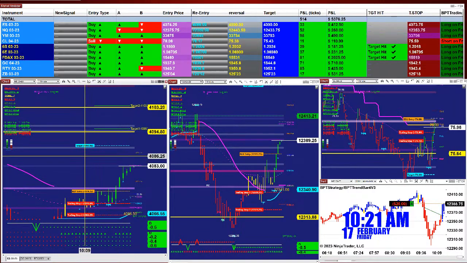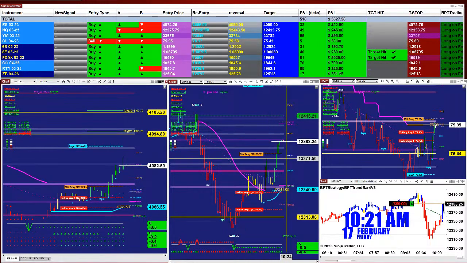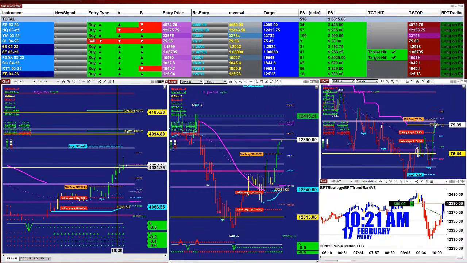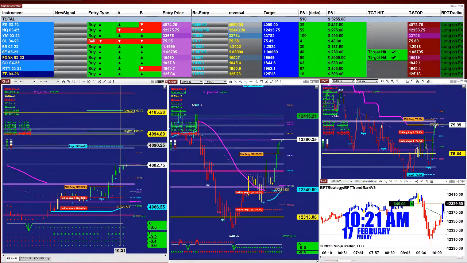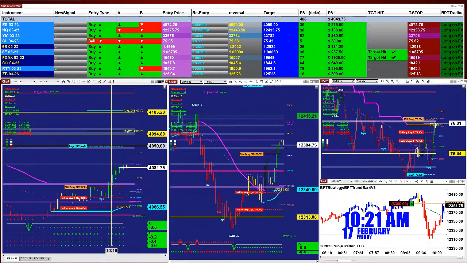So right now we are riding to the long side, and still the NASDAQ is struggling, and the ES is a matter of time before it breaks this resistance at 40.83. This is one system separate from the others, estimating for you target profit taking at 40.90.